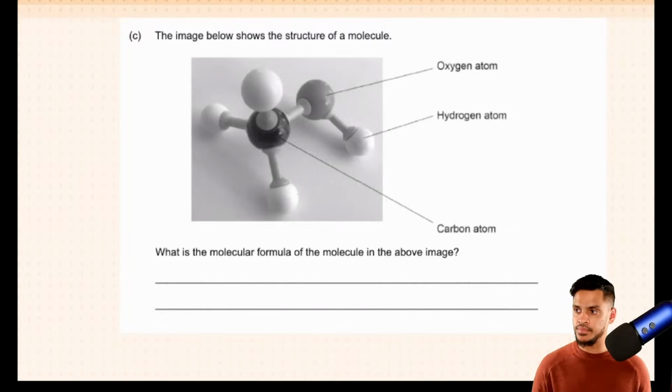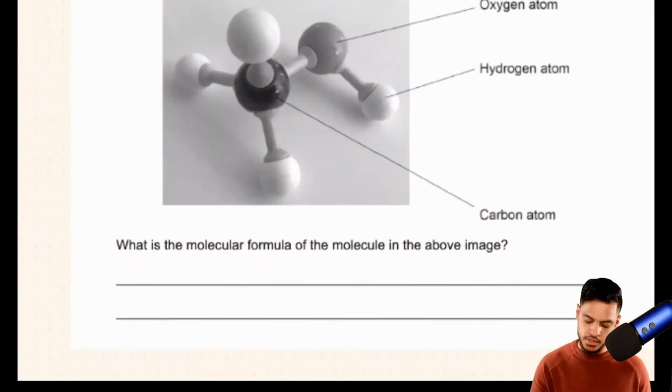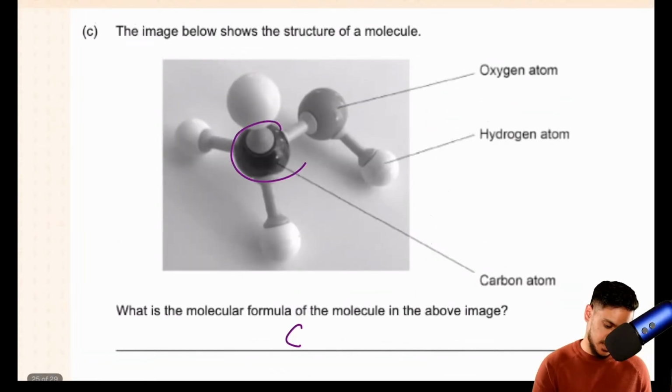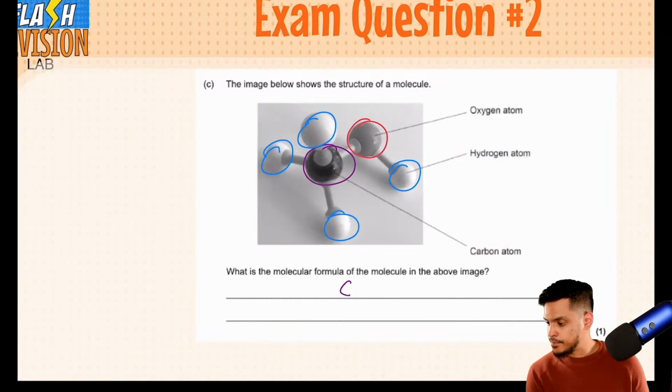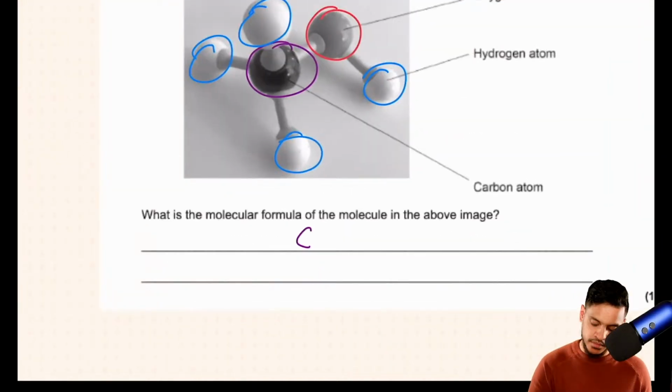So put that all together, put the numbers together. COH4, CH4O, both saying the same thing. They're both correct. We got 1 carbon here, we got 1 oxygen here, and the others are hydrogens. 1, 2, 3, 4 hydrogens. Yeah, looks like everyone's saying the right answer.